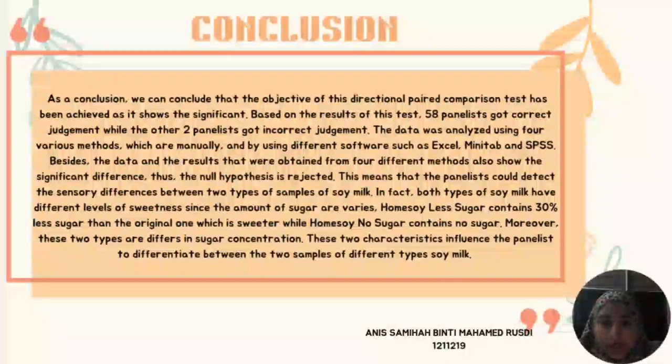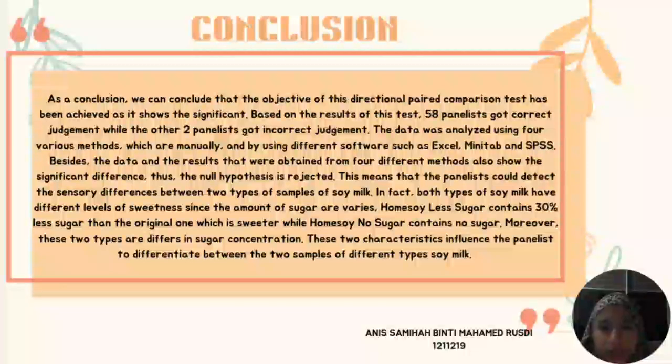Last but not least, for the conclusion, we can conclude that the objective of this directional paired comparison test has been achieved, as it shows the significance. Two types of soy milk have been tested, which are whole soy less sugar and whole soy no sugar. Based on the result of this test, 58 got correct judgment, while the other two panelists got incorrect judgment.